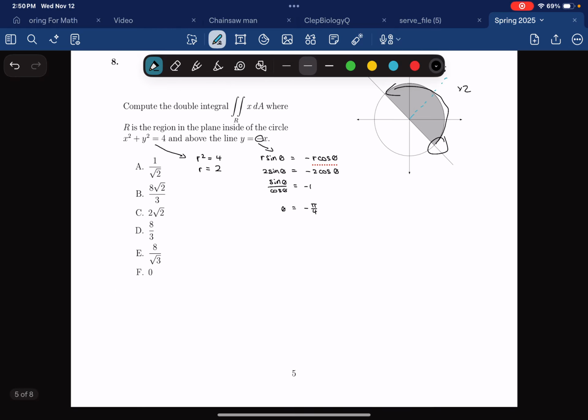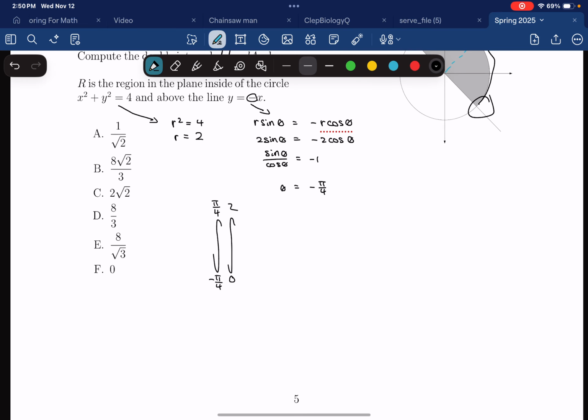and then we'll multiply it by 2. Because I'm lazy. So I'm just going to go from 0 to 2, negative pi over 4 to pi over 4 right there. And I'm just going to do x r dr d theta. Sorry, not x.